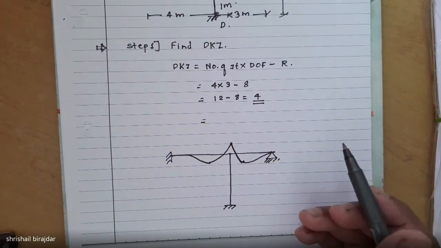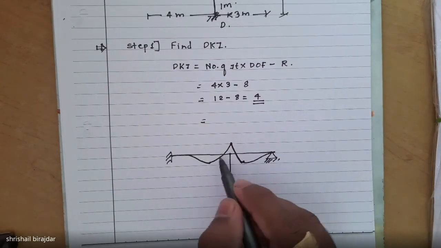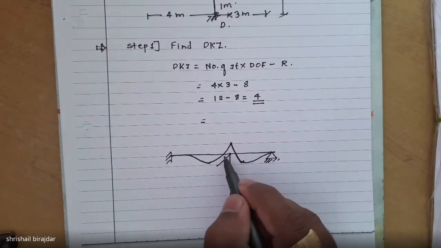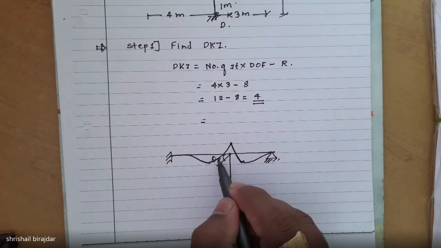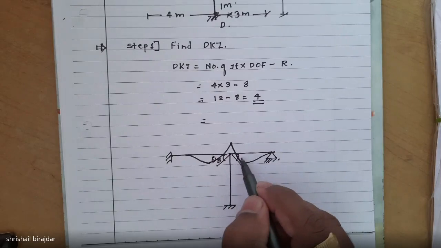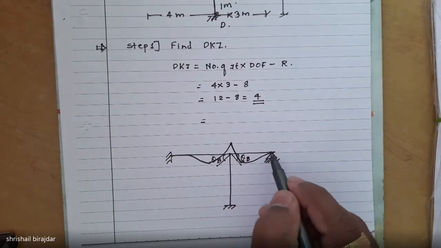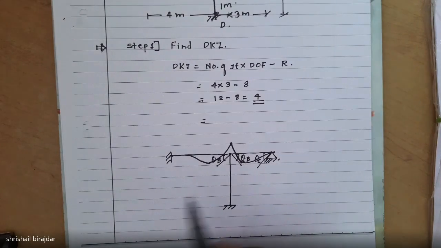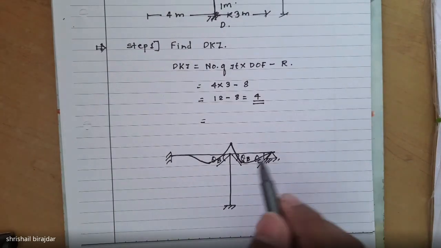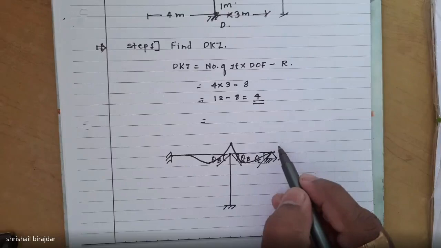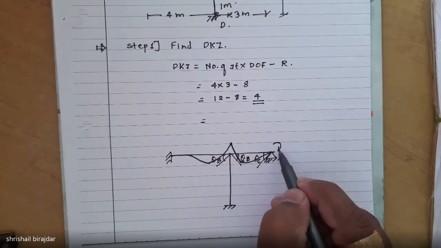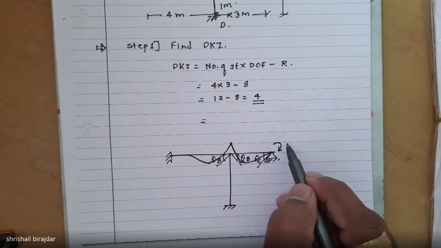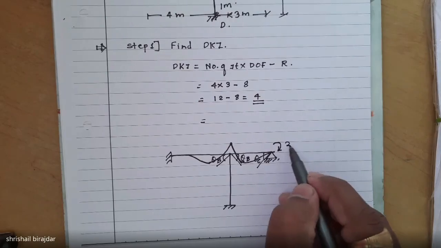For the sake of simplicity, we consider here theta b and here also theta b, and here only we get a theta c. Therefore, if you want to create this support as a fixed support, you need to introduce one rotation here. This is constraint 2, I must say.